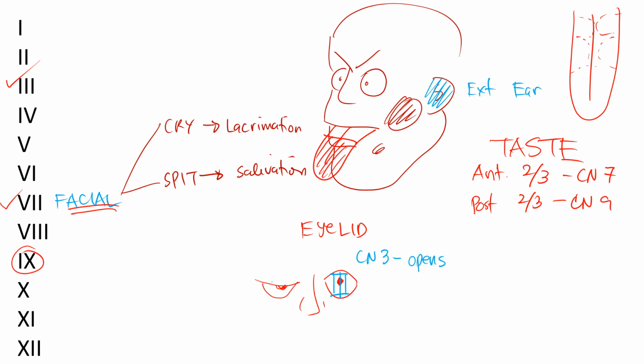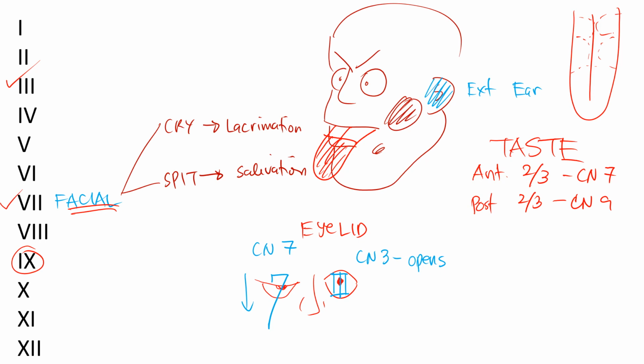Now picture a hook that closes the eyelid. So that's your cranial nerve 7. The hook. So what closes your eyelid? It's 7. What opens your eyelid? It's your oculomotor. Okay?